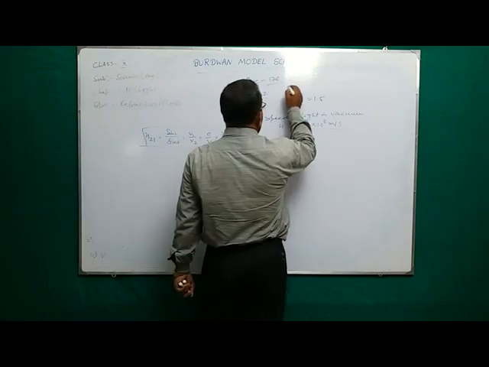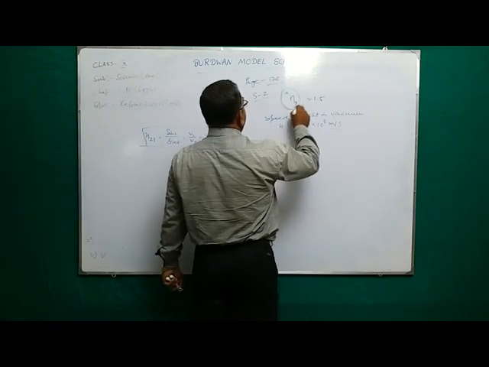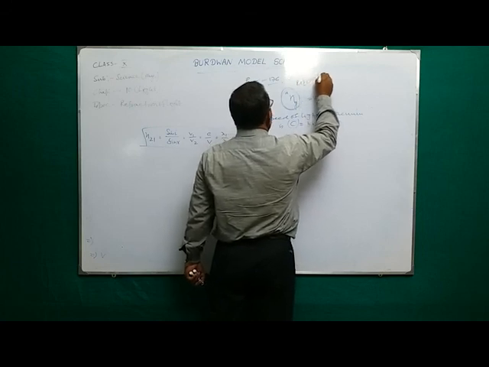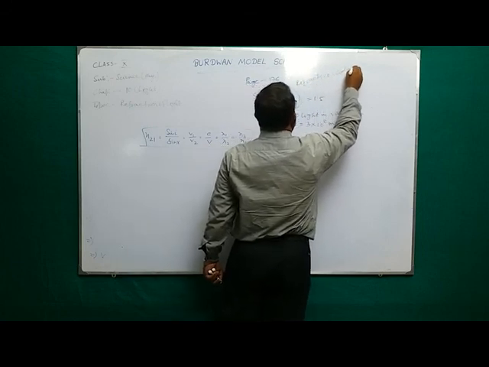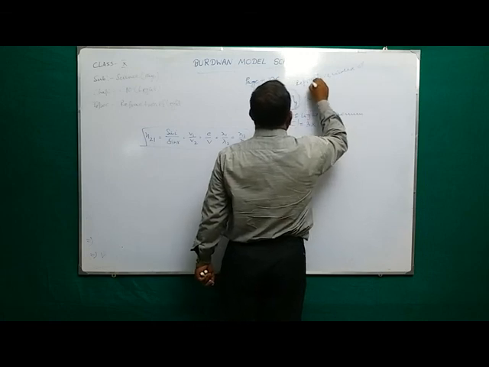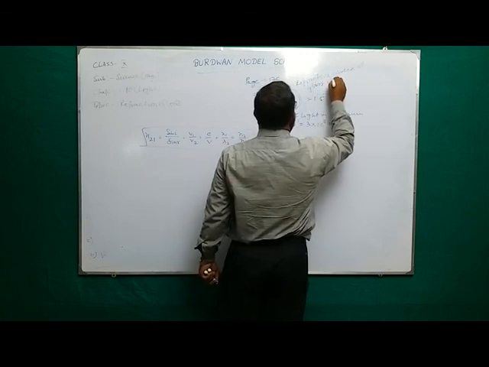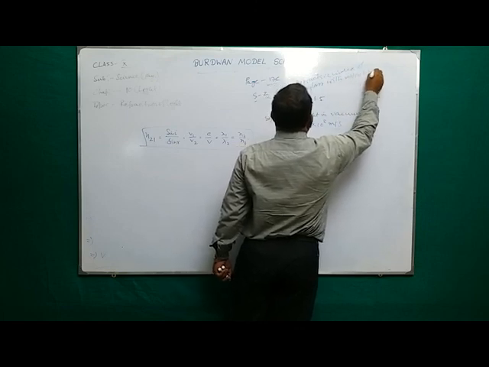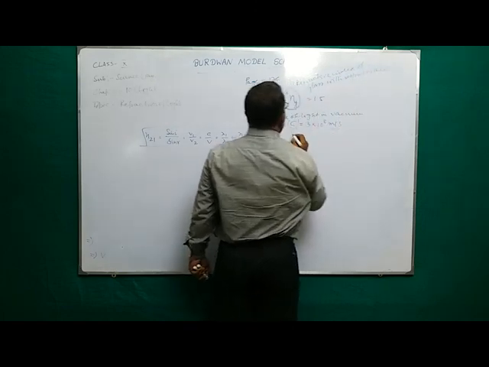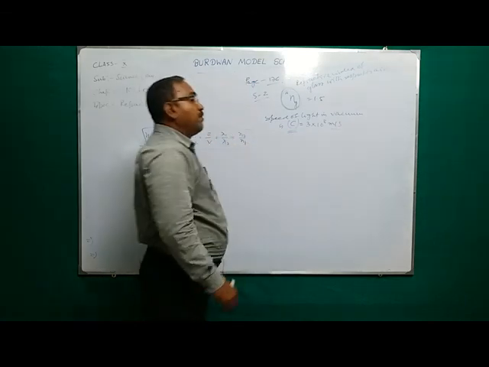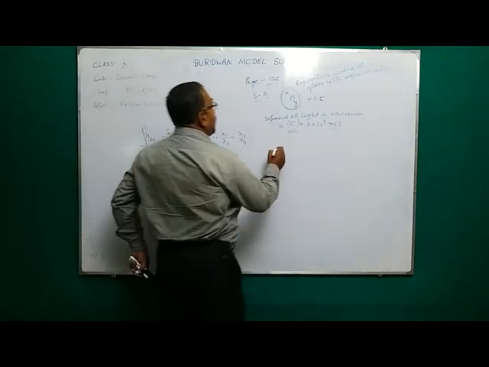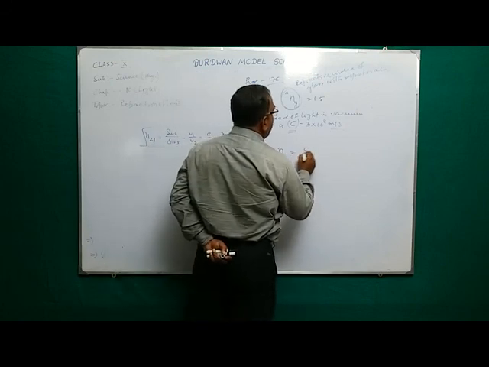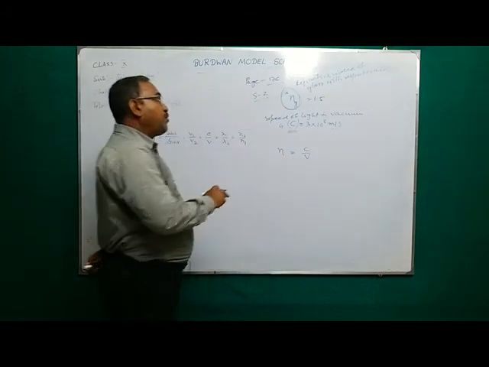But one question is here. This is the refractive index of glass with respect to air. But the question is here with respect to vacuum. So if you write it, the value of this is equal to c by v, that also is correct.